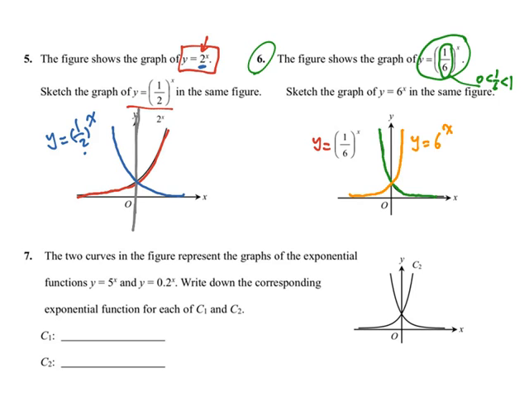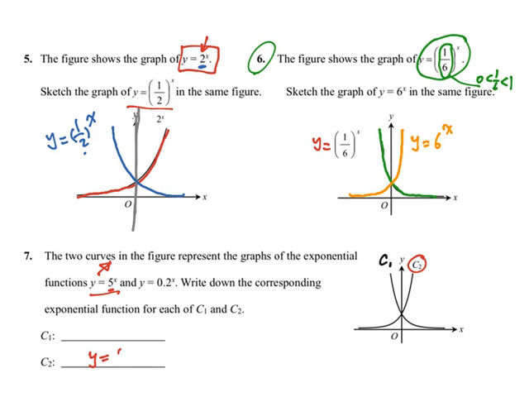Now, try to do question 7 to distinguish which one is C1 and which one is C2. Now we check the answer. When we look at the number, it is 5. 5 is greater than 1. That means it is increasing. So you can see actually C2 is an increasing function.